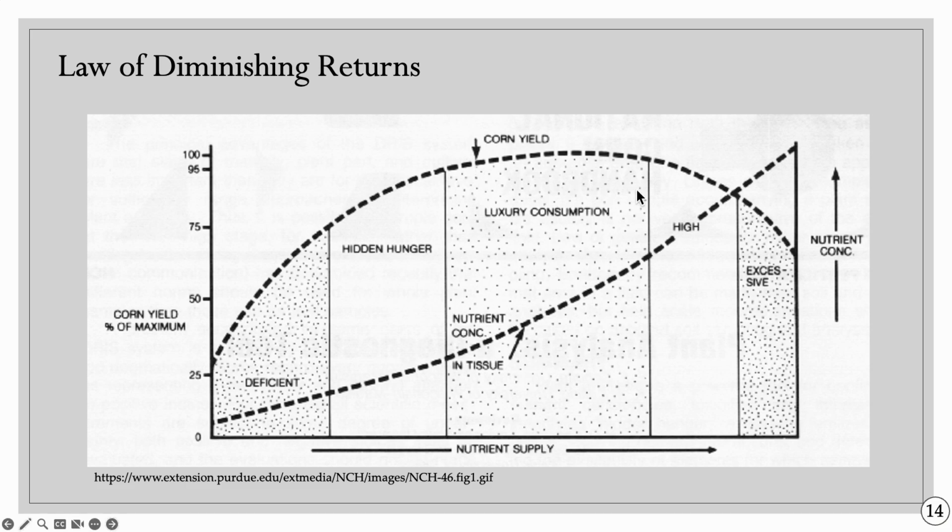Anything else after this, you do not get the yield increase that justifies the cost. So finding out that optimum nitrogen rate to optimize corn yield is actually going to benefit you economically.